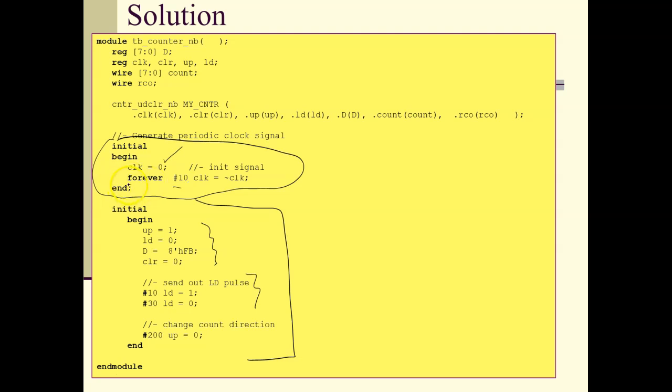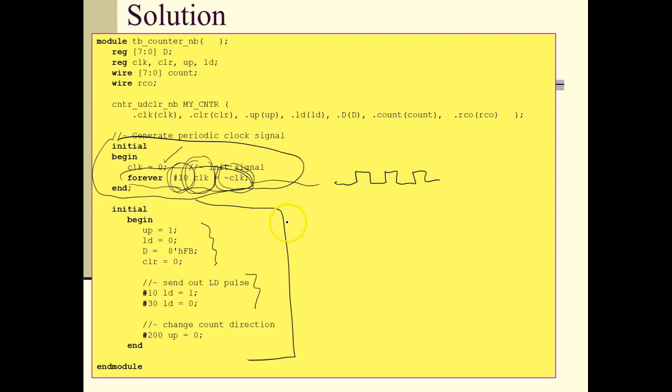Here's your forever loop, and what it's saying is it waits 10 time units and then toggles the clock signal. It takes the old clock signal, toggles it, and makes that the new clock signal. This provides your periodic clock signal.